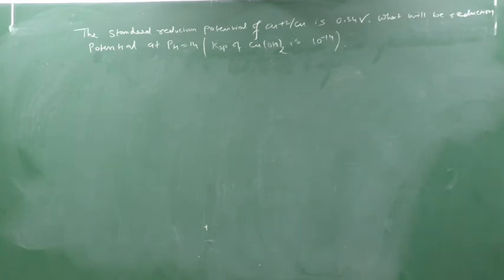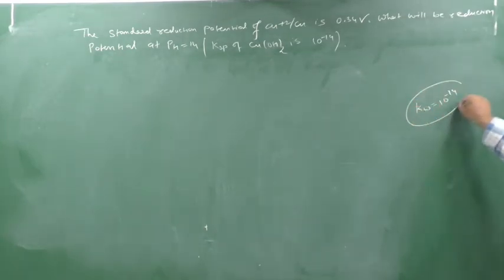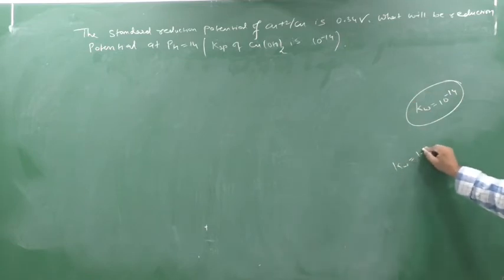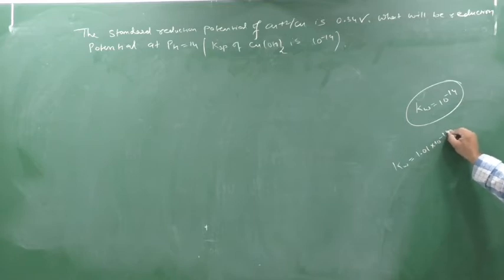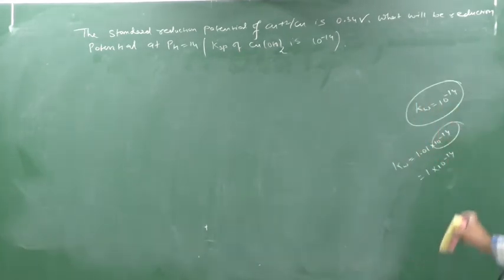And one thing more, beta, always the Kw answer will be 10 to the power minus 14. Sometimes you will get the answer like 1.0 into 10 to the power minus 14, sometimes 1 into 10 to the power minus 14, not an issue, but the final answer will always be 10 to the power minus 14.